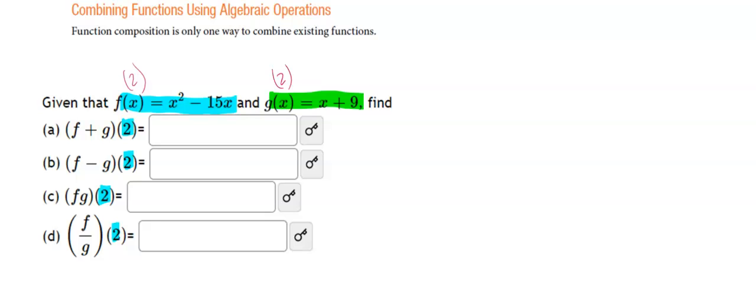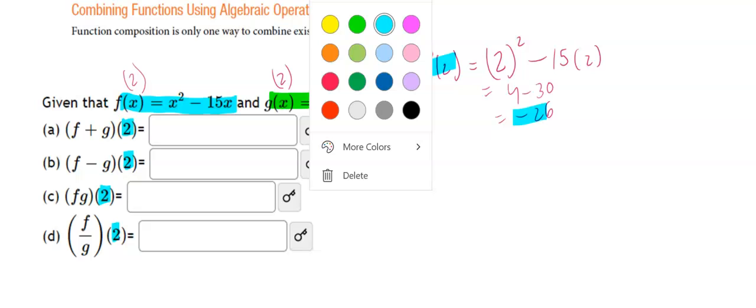If we have f of 2 in our first function, then every time we see an x, we replace it with a 2 squared minus 15 times 2. Let's simplify that. That's 4 minus 30, and that's negative 26. So f of x at 2 is negative 26.